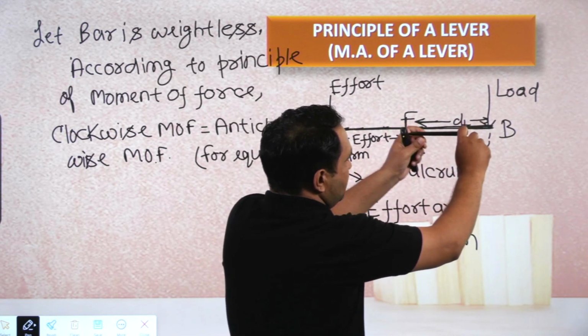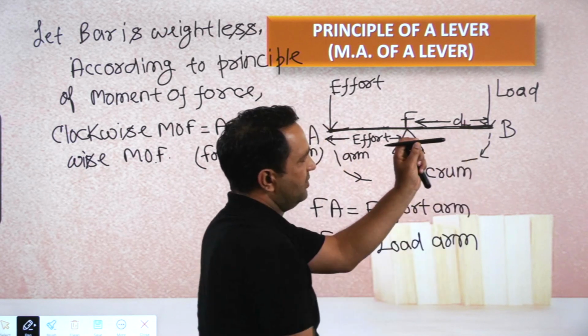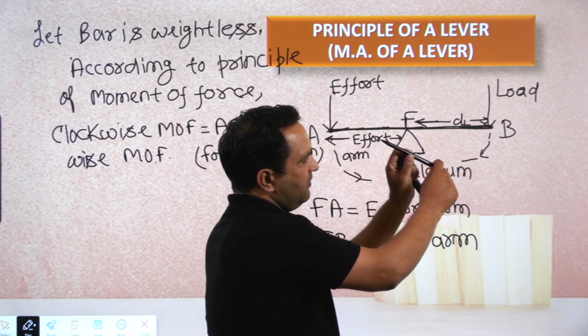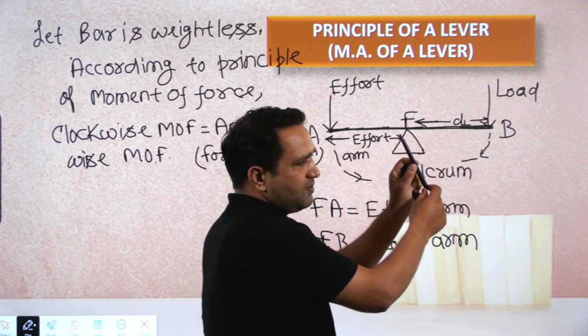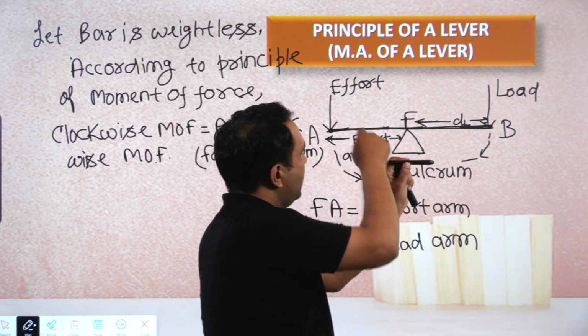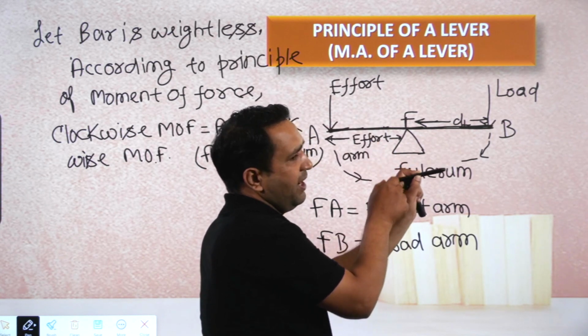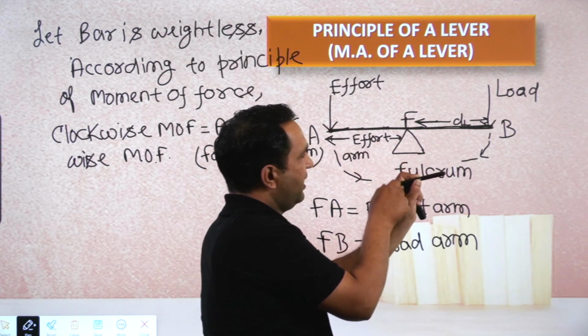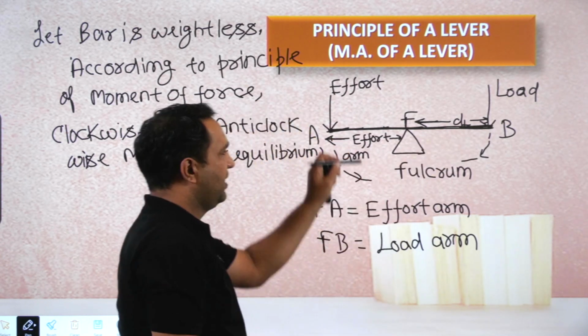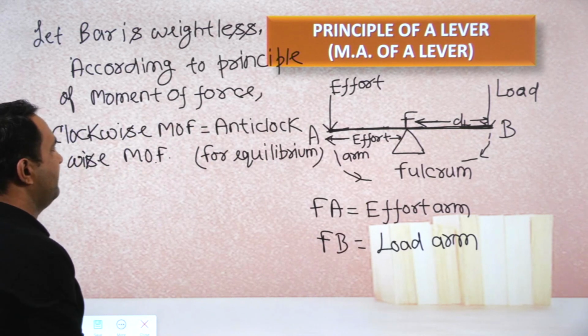Here there is a fulcrum, and if the load is more, it will do the clockwise moment of force. And if we apply more effort, then it will do the anti-clockwise moment, right? So for equilibrium state, the clockwise moment of force should be equal to the anti-clockwise moment of force.